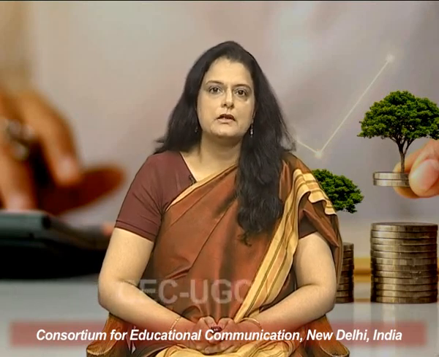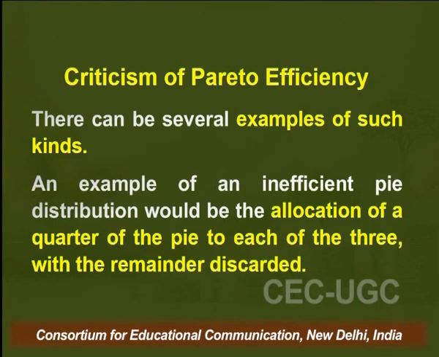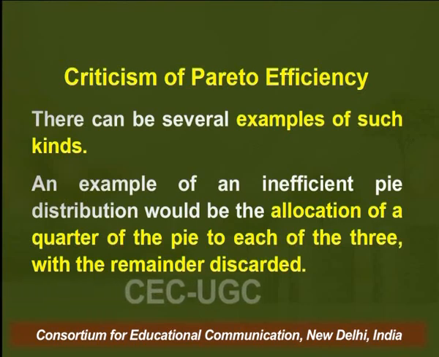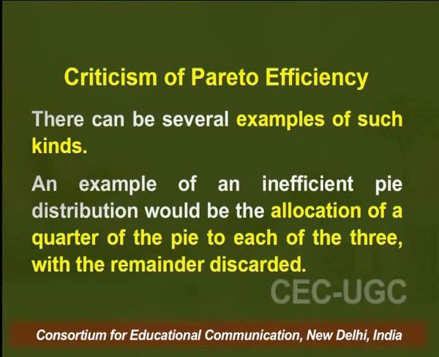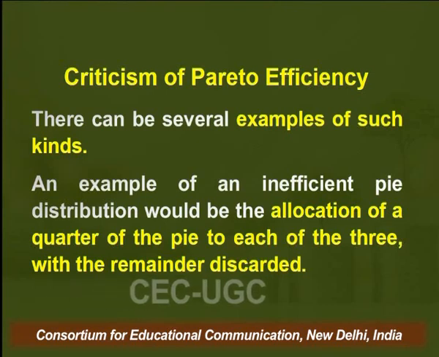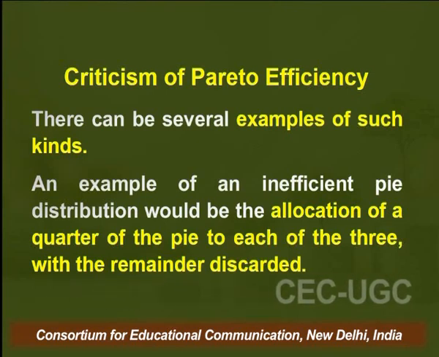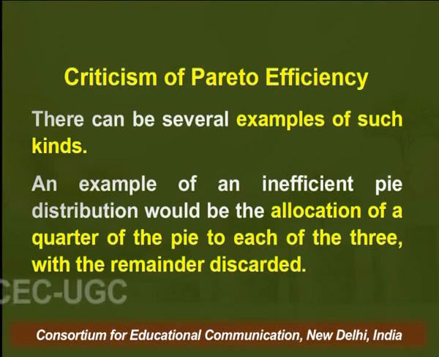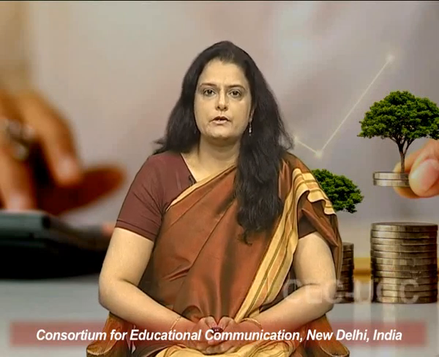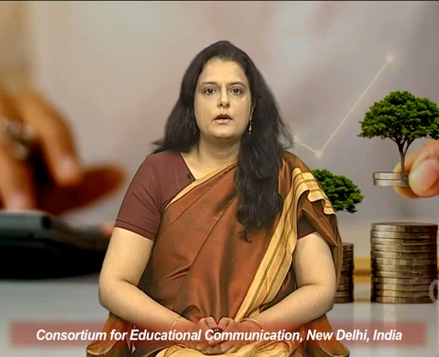There can be several other examples of this kind, and there can be examples of inefficiency in the distribution of the pie. Suppose we divide the pie into quarters and allocate a quarter of the pie to each of the three individuals, and the remaining pie is discarded or thrown away. Do you think that this kind of distribution is Pareto optimal or equitable? This is the point to understand.